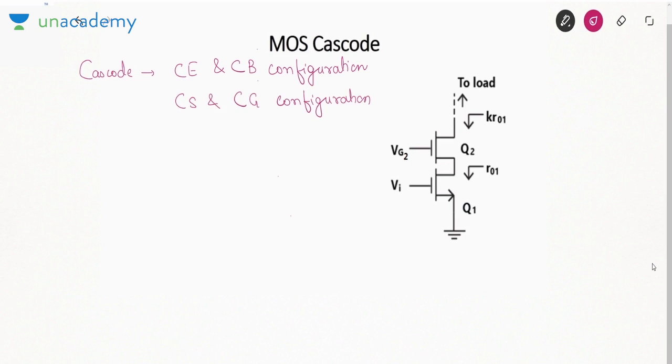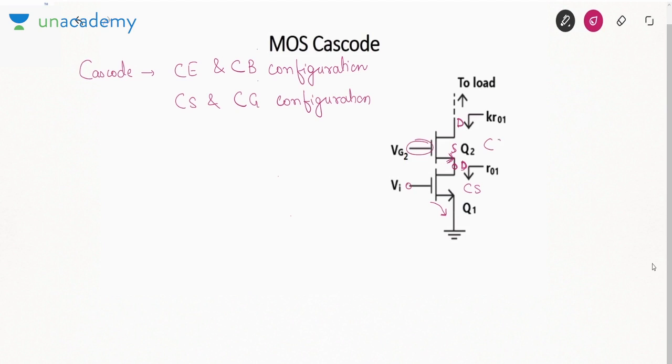See, the first transistor is connected as common source, where input is connected at the gate and output is taken at the drain. Now this output is working as an input to the second transistor. It is the input of the second transistor, and input is connected at the source and again output is taken at the drain. So gate is common.